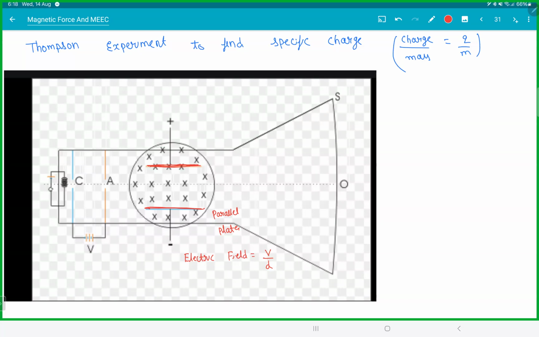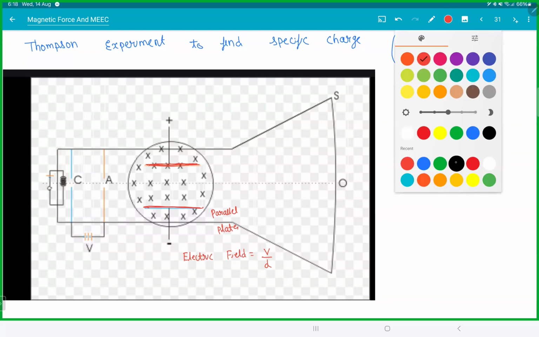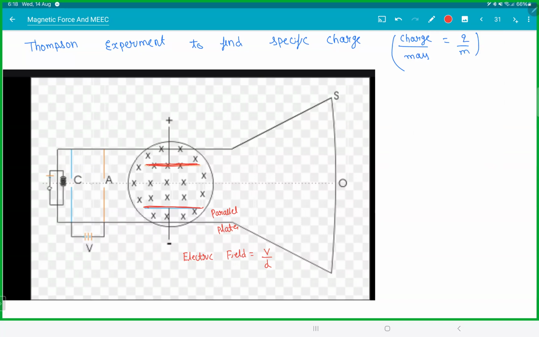So now first what you do, you send some charged particles from here, with charge Q and mass M. Generally, for alpha particles or anything, we use radioactive sources. Now you tell me, when a radioactive source is emitting alpha particles, do you know the speed of those alpha particles?